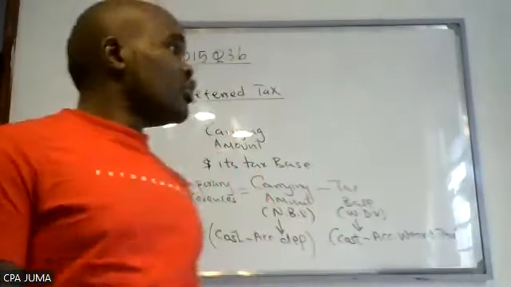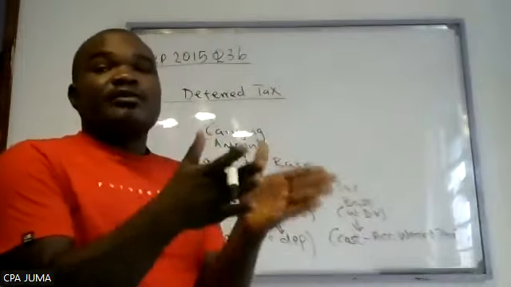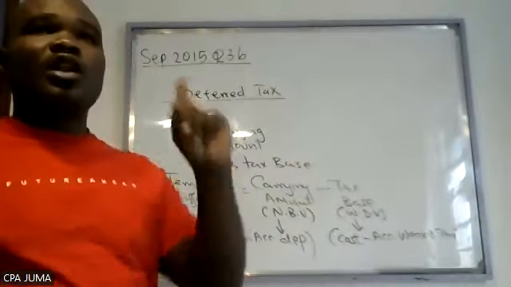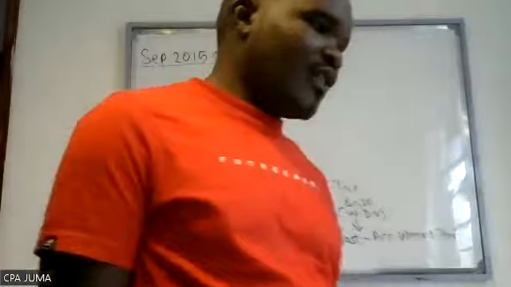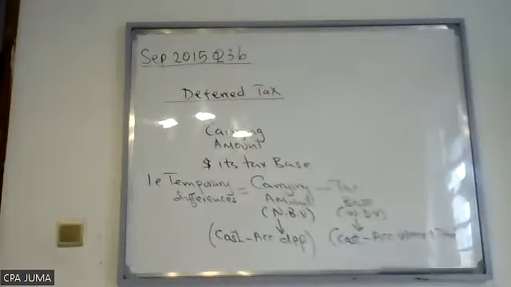Full stop. So the amount attributable to an asset for taxation, that is what we call tax base.